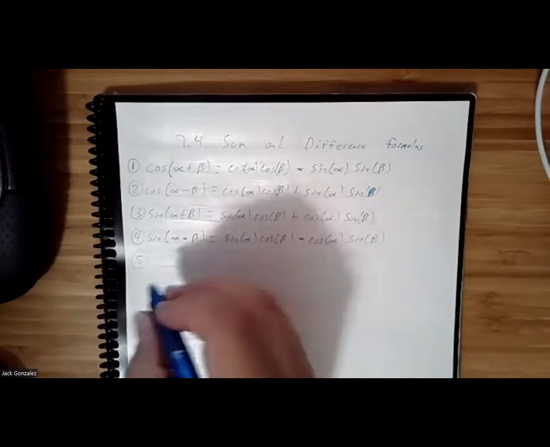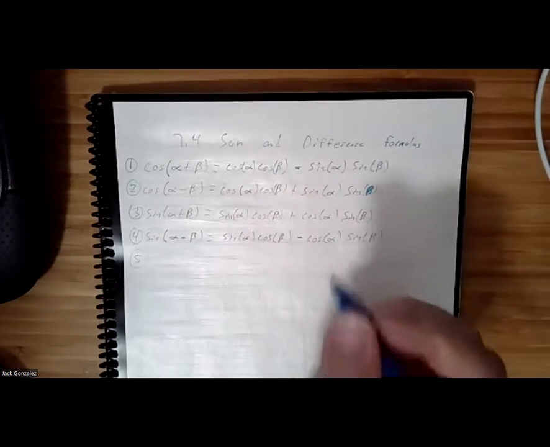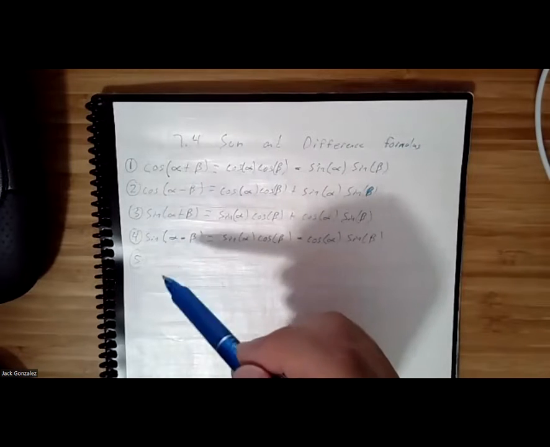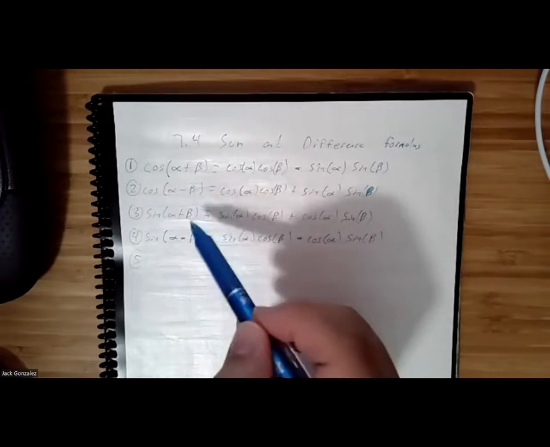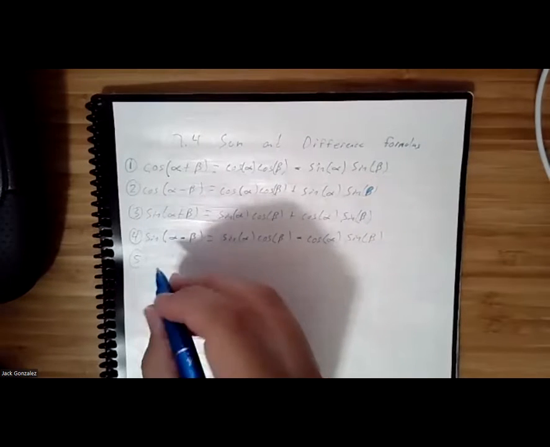Now tangent. Tangent is really just built from these here, because remember, tangent is defined as sine over cosine, right? So you technically could derive it from this, but I'm just going to go ahead and give them to you.